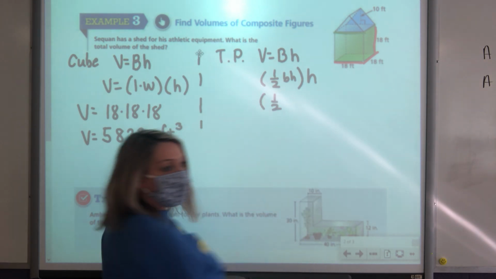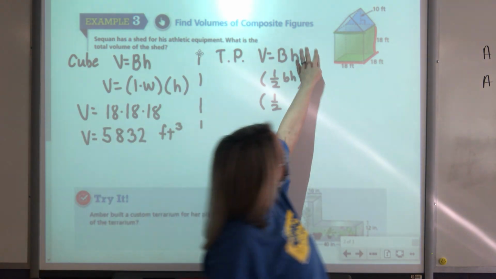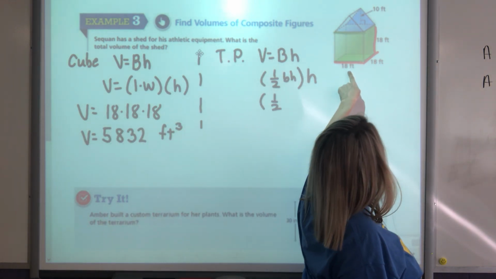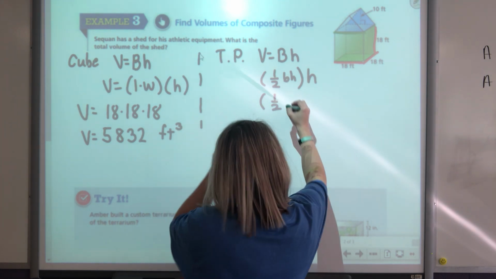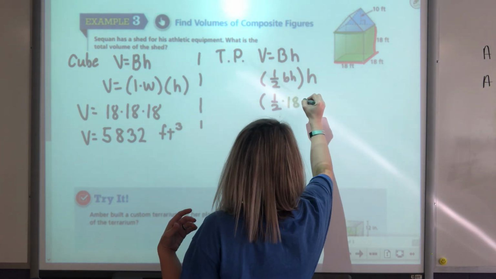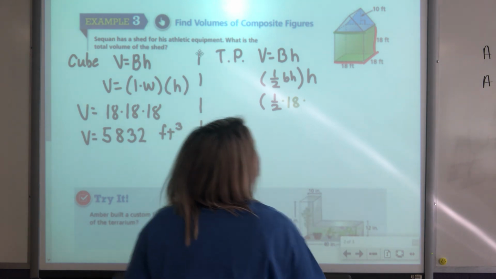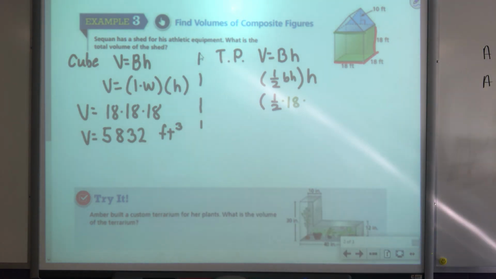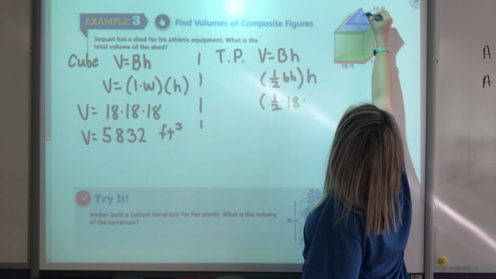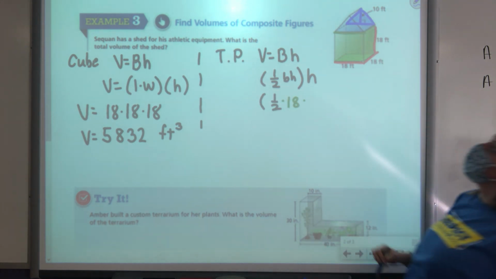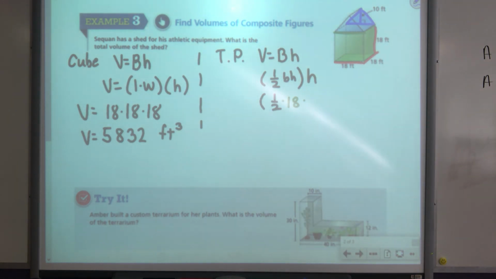Here's the base of our triangle. What's that measurement? 18. How tall is the triangle? So just the triangle. How tall is it? It's 10 feet.